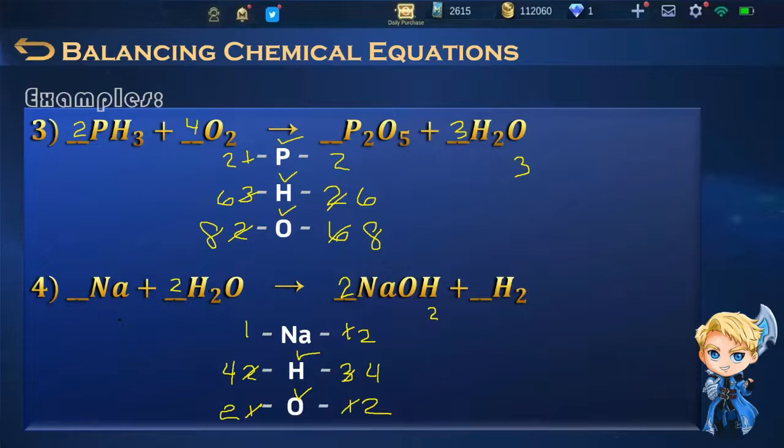Always balance that last if it's a single. Singles are easy to deal with since there's nothing else. Okay? So what will be our multiplier to make this one into 2? Nothing else, 2 again. 2 times 1, that is 2. And it's balanced.